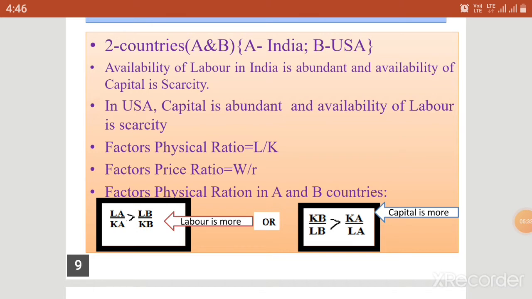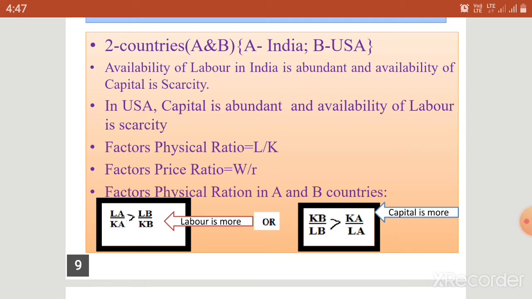Two countries, A and B: A is India, B is USA. Availability of labor in India is abundant and availability of capital is scarce.